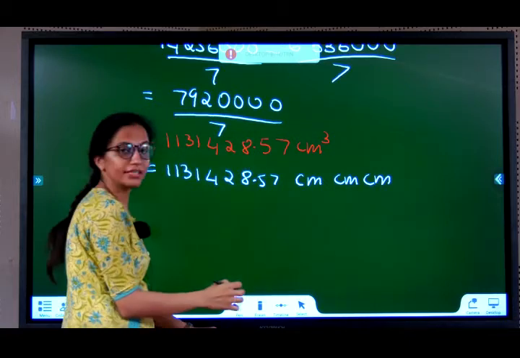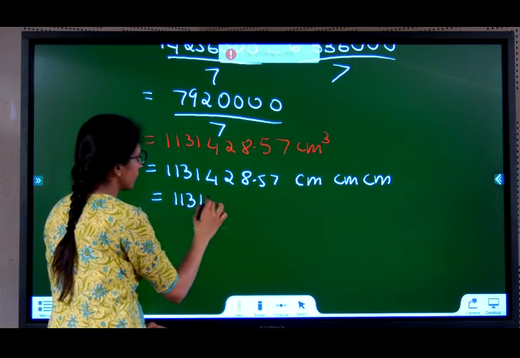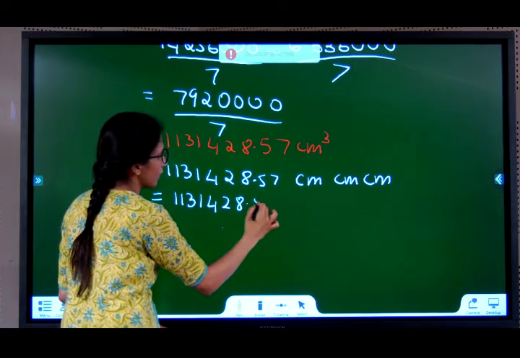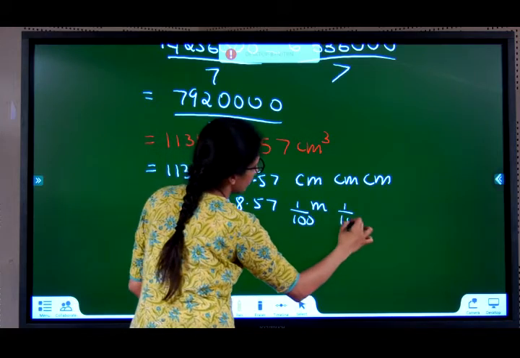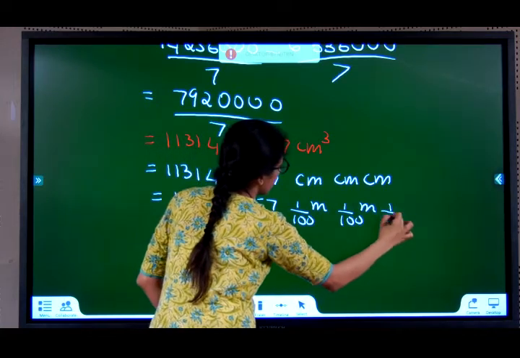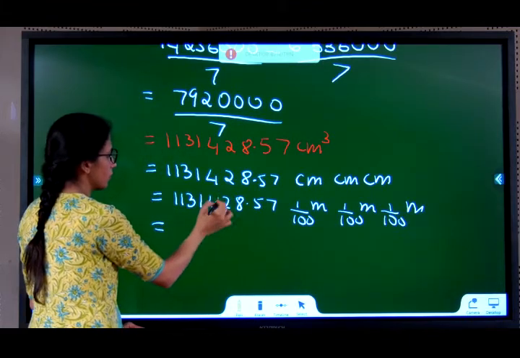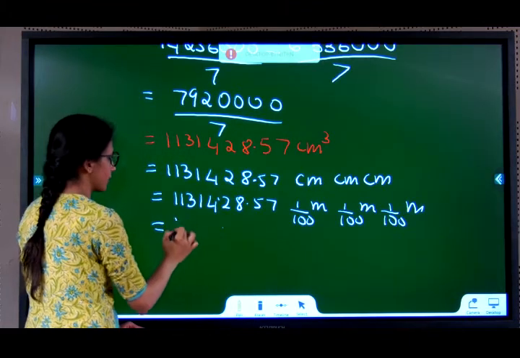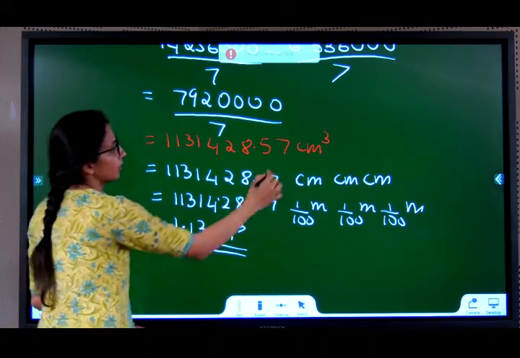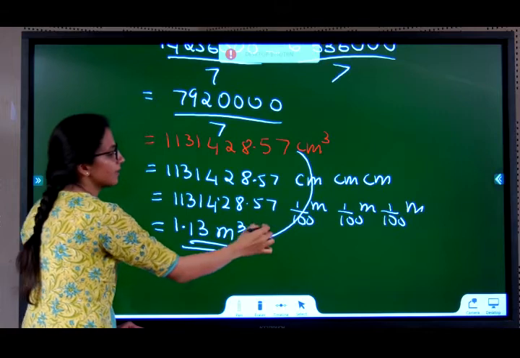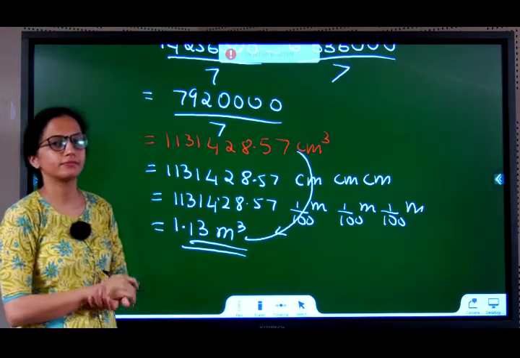If you want to convert each one to meter, what to do? 1 by 100 meter, 1 by 100 meter, 1 by 100 meter, or divided by 10 power 6. So 1, 2, 3, 4, 5, 6, 1.13 meter cube. If you want to convert directly from centimeter cube to meter cube, divide by 10 power 6.